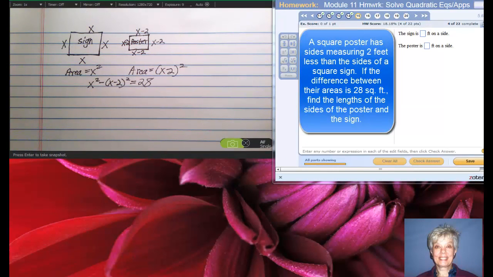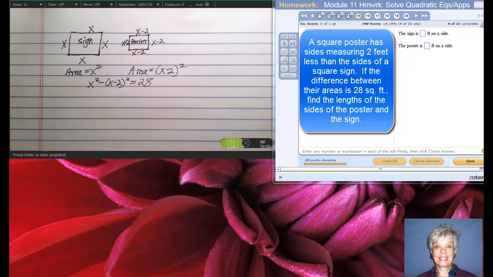Okay, now we have problem number 15. A square poster has sides measuring 2 feet less than the sides of a square sign. Let's read that again. A square poster has sides measuring 2 feet less than the sides of a square sign.